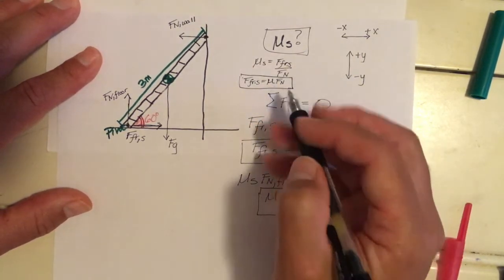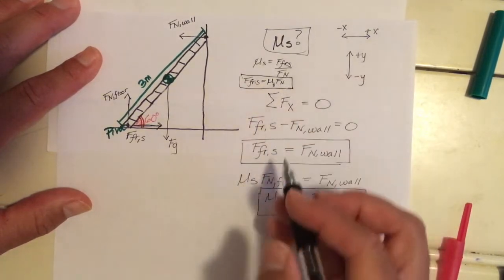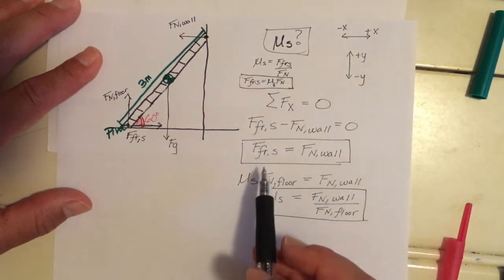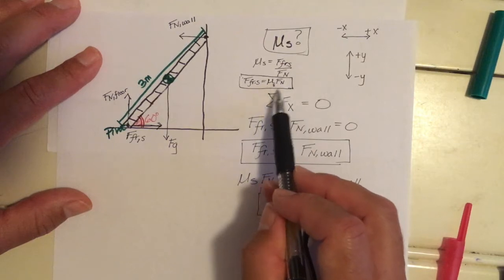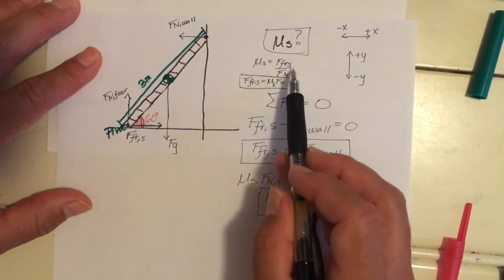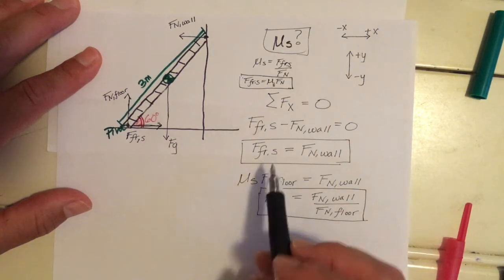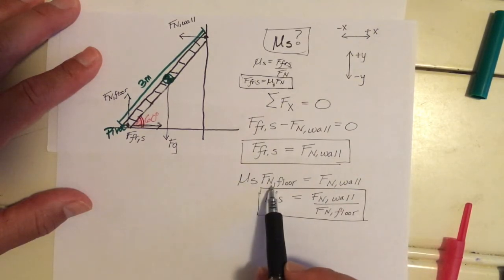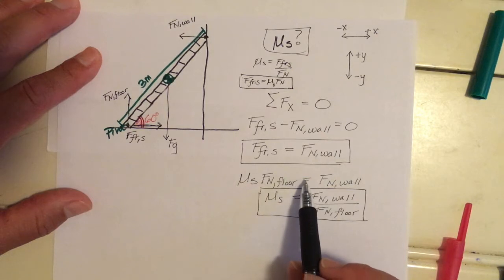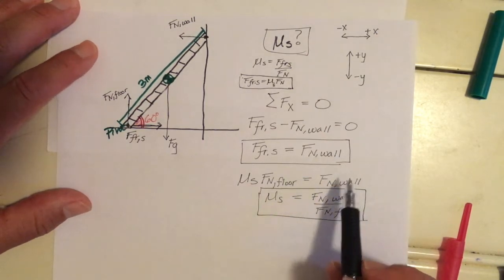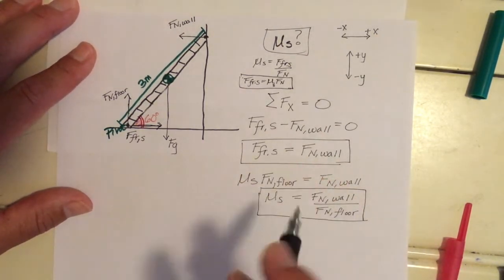Once I had this, I plugged in mu static times Fn for force friction static. So I had mu static times Fn equal to Fn wall. All right, hopefully that wasn't confusing.